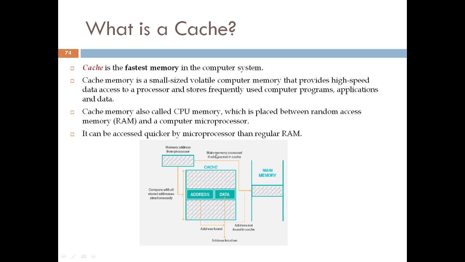If that memory address is not present in the cache memory, then it will be accessed from the main memory, and a copy of that data will be placed in the cache memory, and from there the data will be sent to the processor. So this is an overview of how exactly the cache memory works.